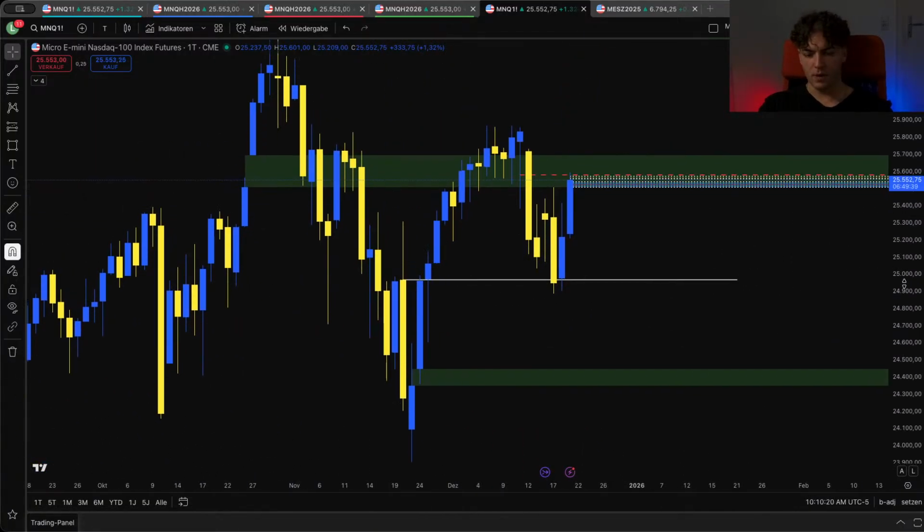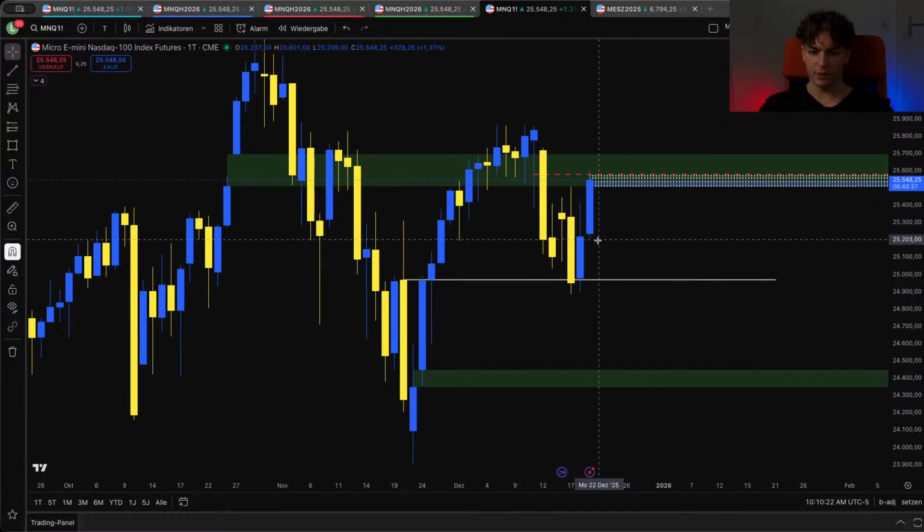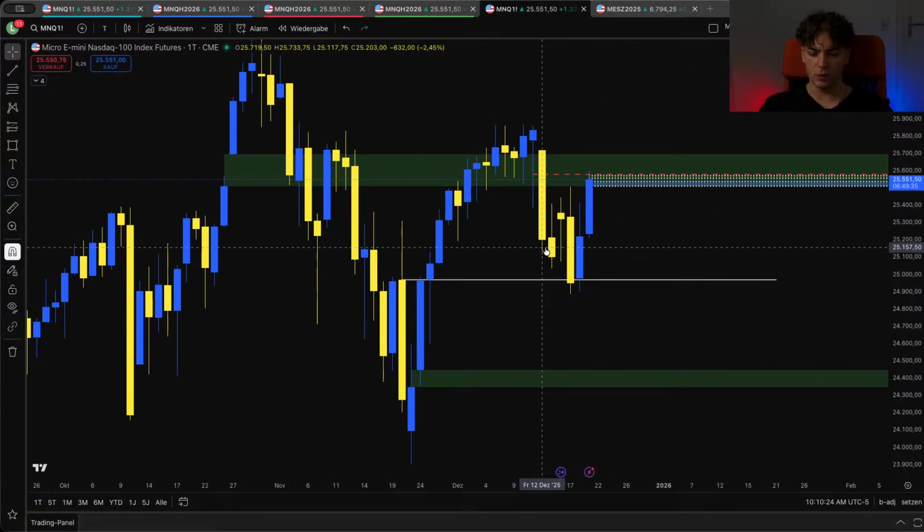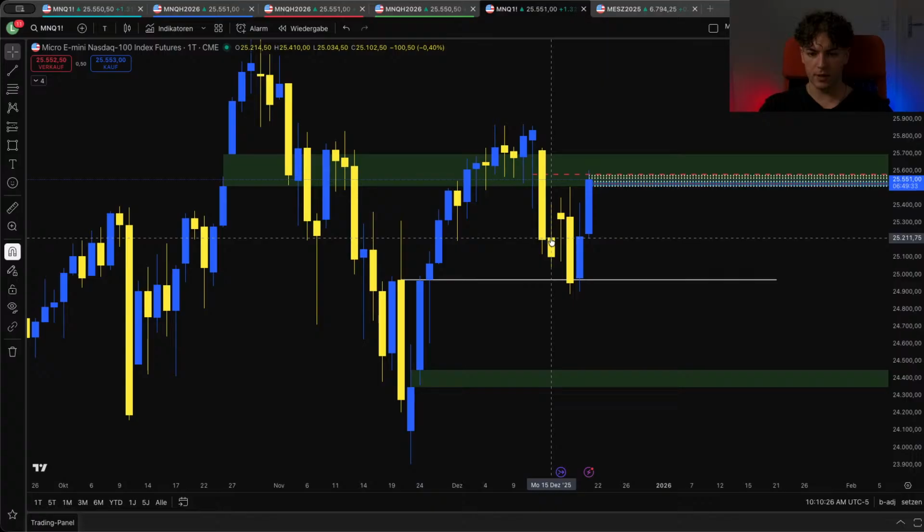I mean, this entire week I was definitely bearish. So this week started in here on Monday, traded up, closed lower. We opened up higher, traded all the way down to this order block.